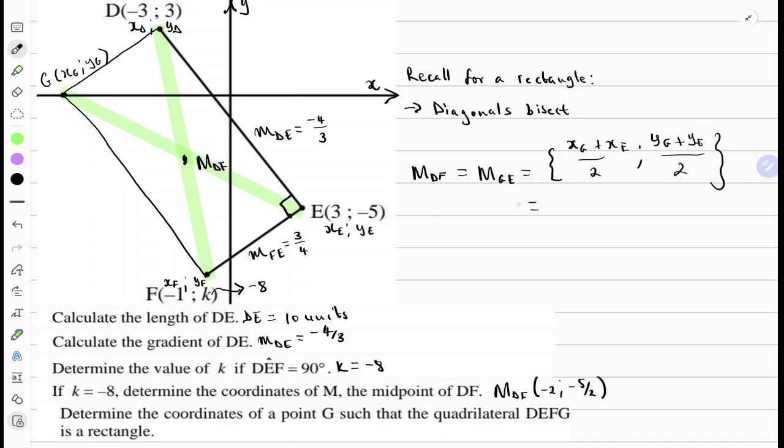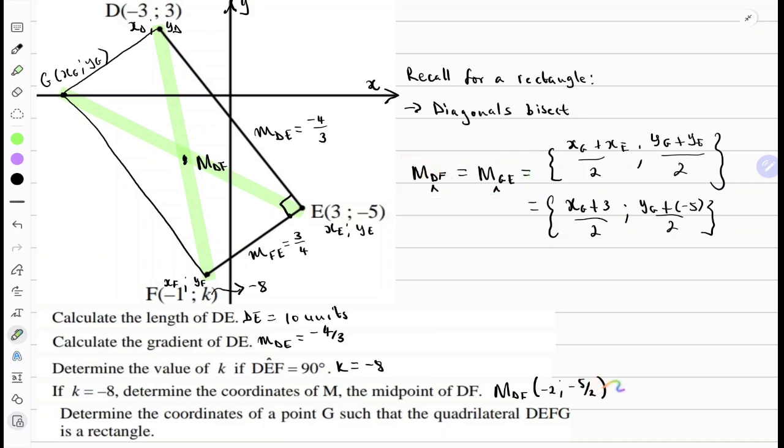So this can be equated to (XG is what we're looking for plus XE, which is 3, over 2), and YG is what we're looking for, plus minus 5 over 2. But remember, we have the coordinates of the midpoint because these two are equal.